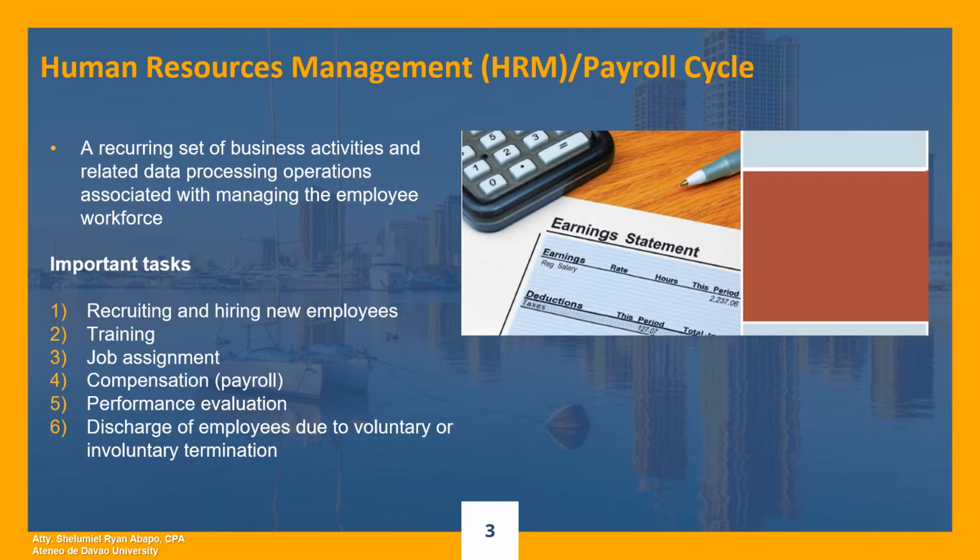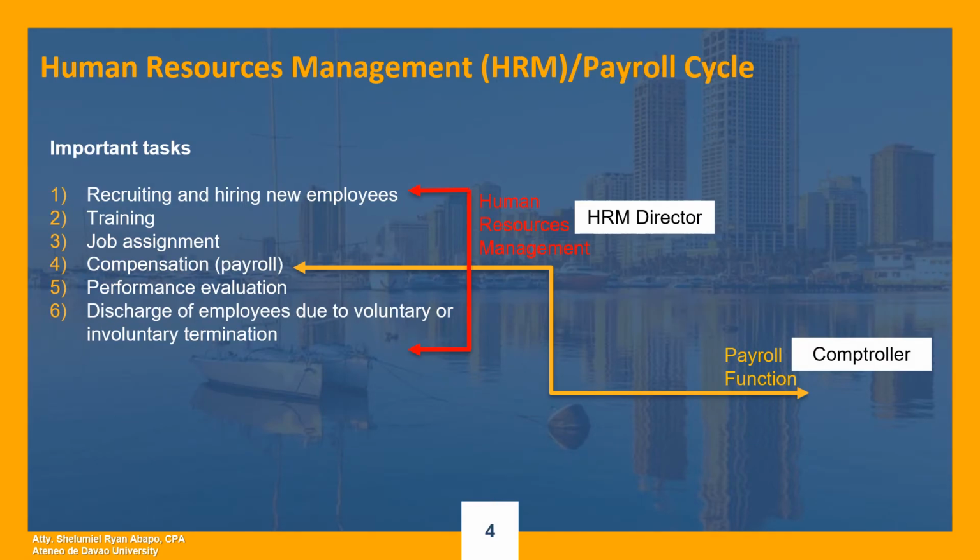As an overview, tasks 1, 2, 3, 5, and 6 are all under the HRM director, while compensation or payroll falls under the controller.